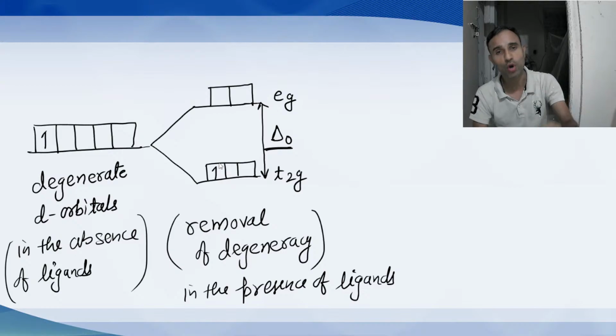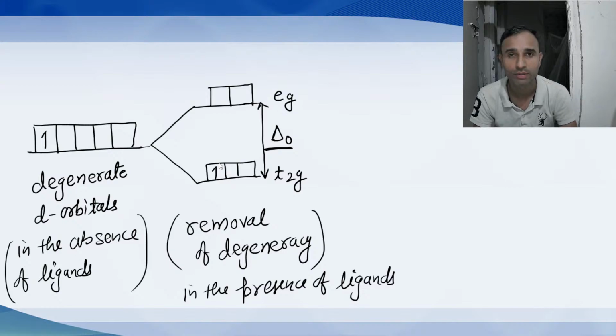When it absorbs energy in the visible region, the electron moves from T2G to EG, and the complementary color is seen by us, and that's why that compound appears colored to us.